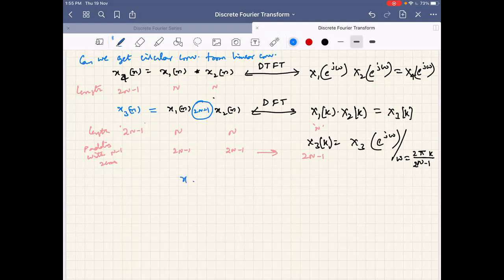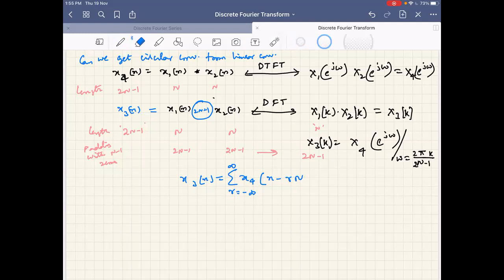So let us write x3 of n. What we have is equal to x4, sorry, this is x4, equal to the sum from minus infinity to infinity of x4 of n minus rn. But what is n now?